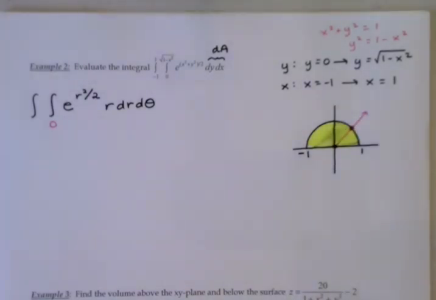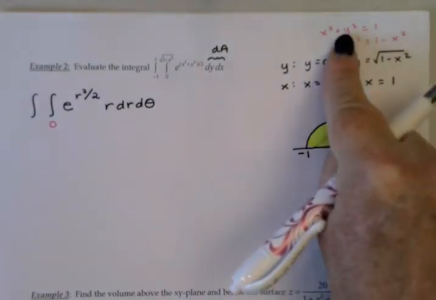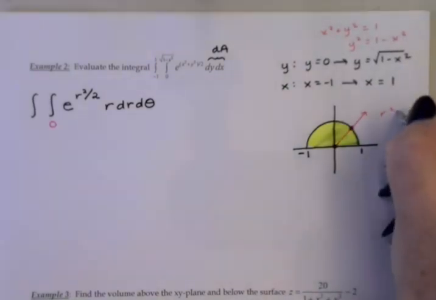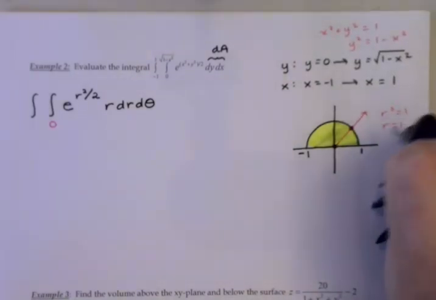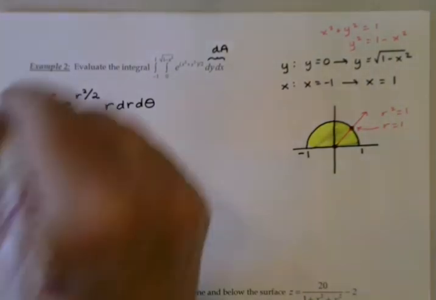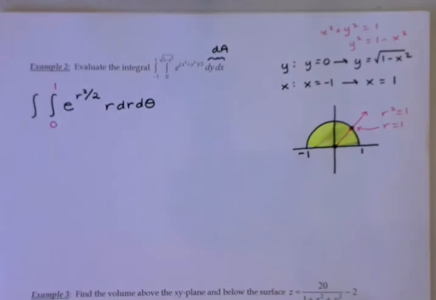Now what's the equation of that circle in polar coordinates? Well, since it was x squared plus y squared equals 1, that would also be r squared equals 1, or just r equals 1. And so I go from 0 to 1 as my r limits of integration.